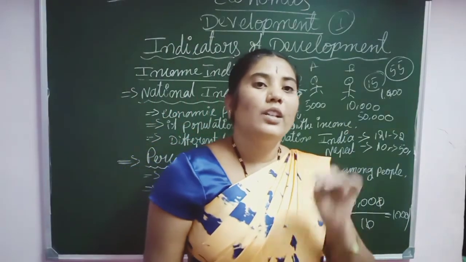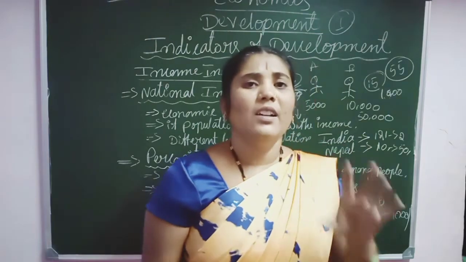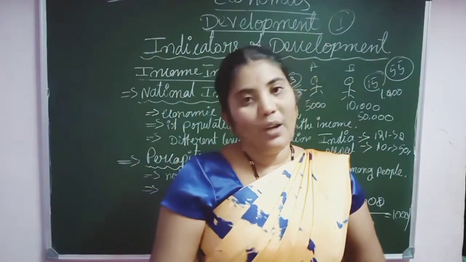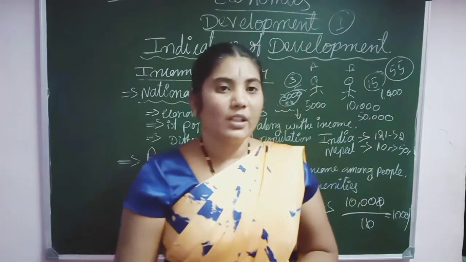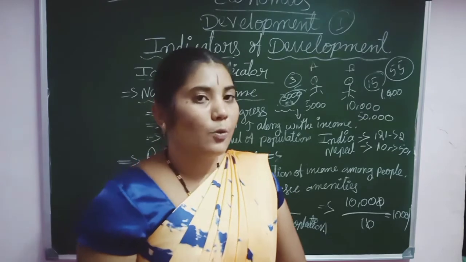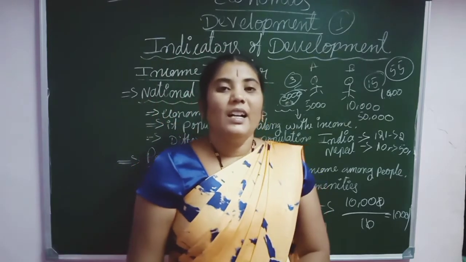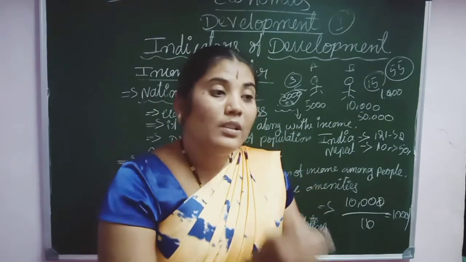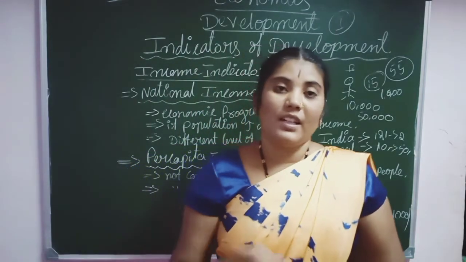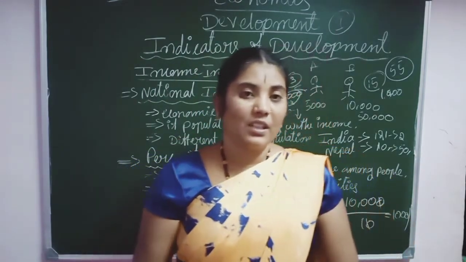So here what happens? Wealth is accumulated in only a few hands. For that reason we do not consider per capita income the true measure. Through income we cannot really measure the development of the country. Already we know the causes for that.